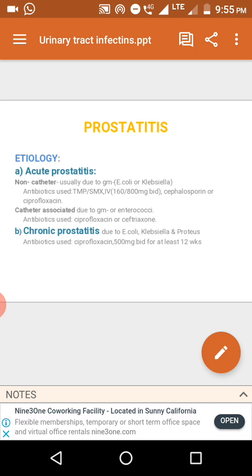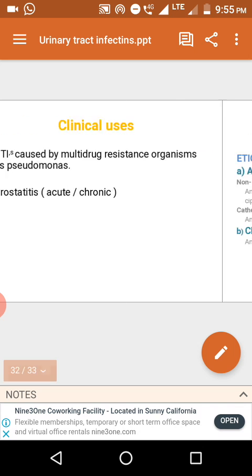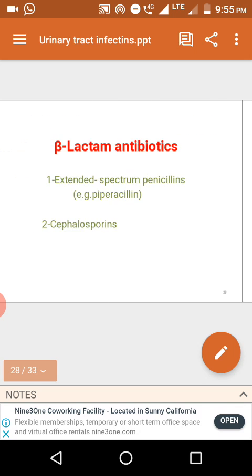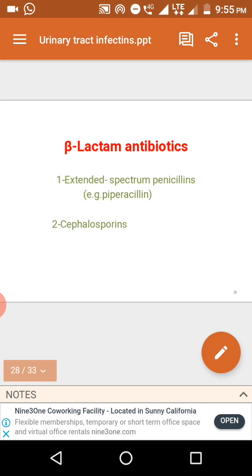Now catheter associated: a catheter is inserted into the urethra, which also causes inflammation, especially due to gram negative bacteria and enterococci. The antibiotics are ciprofloxacin and ceftriaxone. Chronic prostatitis may be due to E. coli, Klebsiella, and Proteus, and the antibiotics are fluoroquinolones. With this, we completed sexually transmitted infections and urinary tract infections.